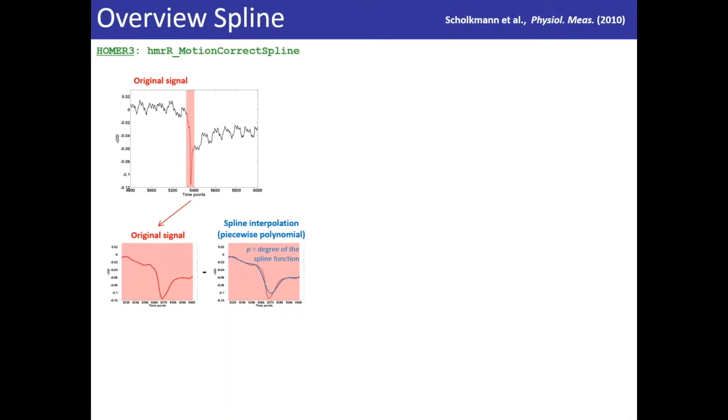What spline correction does is fit a polynomial to this motion artifact, seen as the blue curve here. The next step is to subtract the fit, or the model signal, from the original signal, and the magenta is showing the corrected signal.